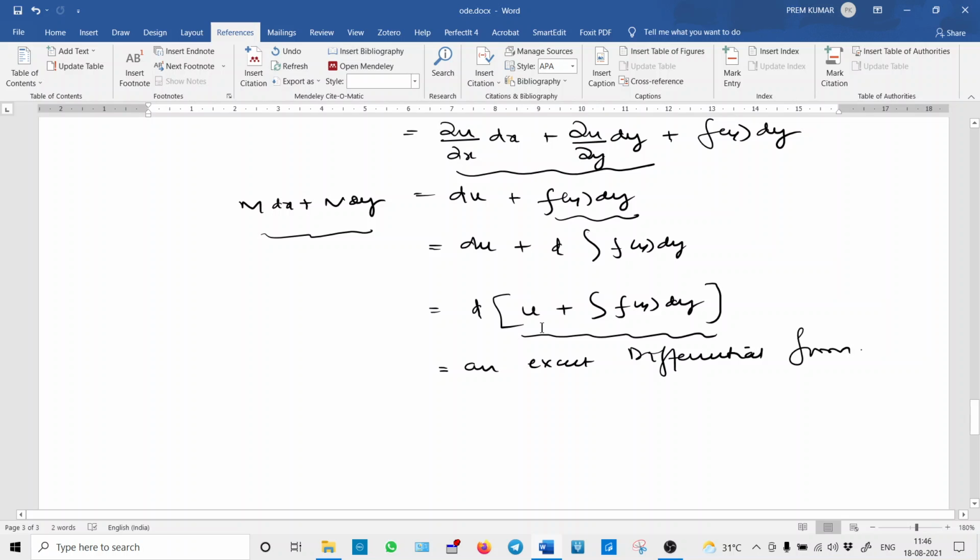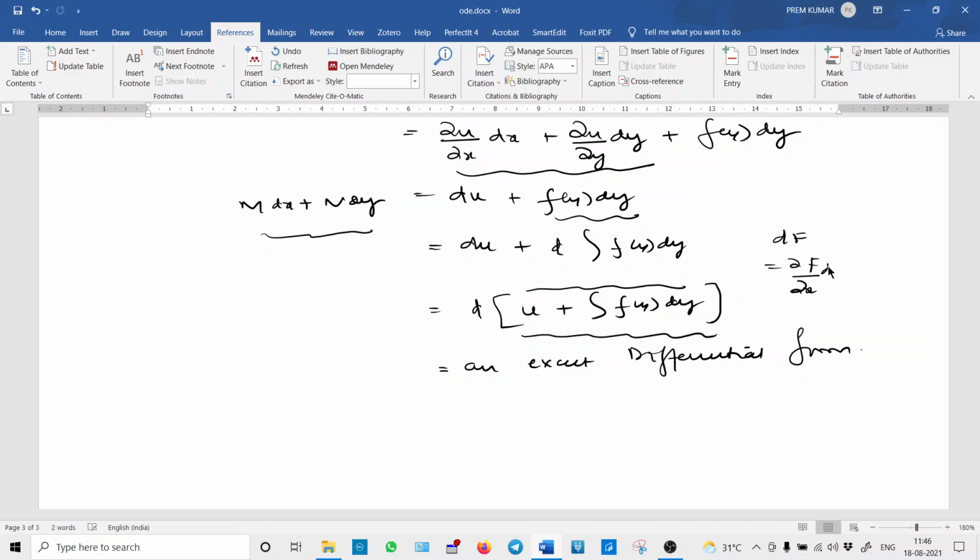The total differential of F, ∂F/∂x into dx plus ∂F/∂y into dy, and it is equal to this one. So you can compare the terms. This is nothing but M, and this is nothing but N, which is what we had to prove. And hence the second part.